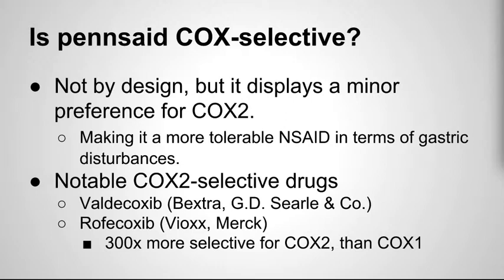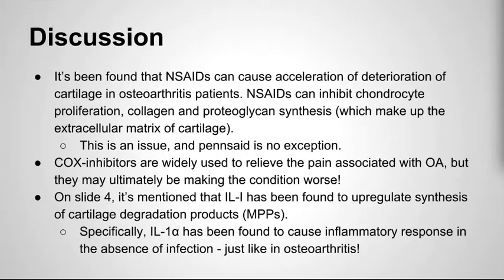You've probably heard of Vioxx, and that happens to be 300 times more selective for COX-2 than for COX-1. So you would see that the rofecoxib, the Vioxx, would bind better to COX-2 because it fits into the larger binding site on COX-2 than on COX-1. And that's exactly the mechanism of action of Vioxx.